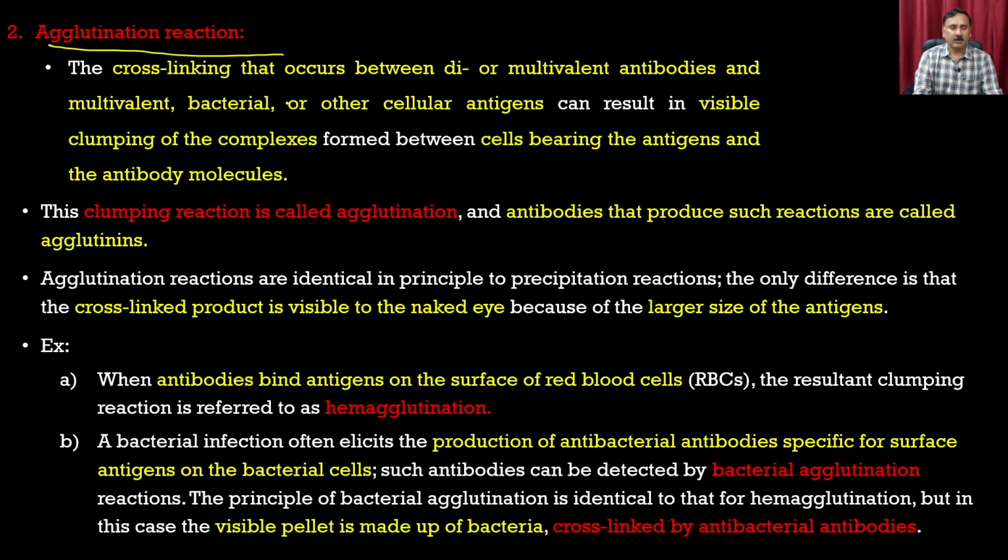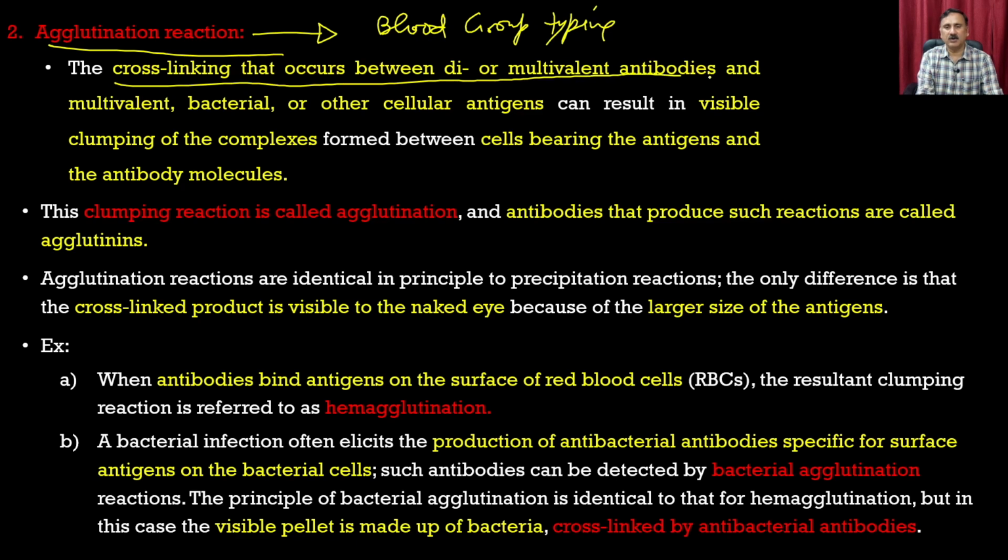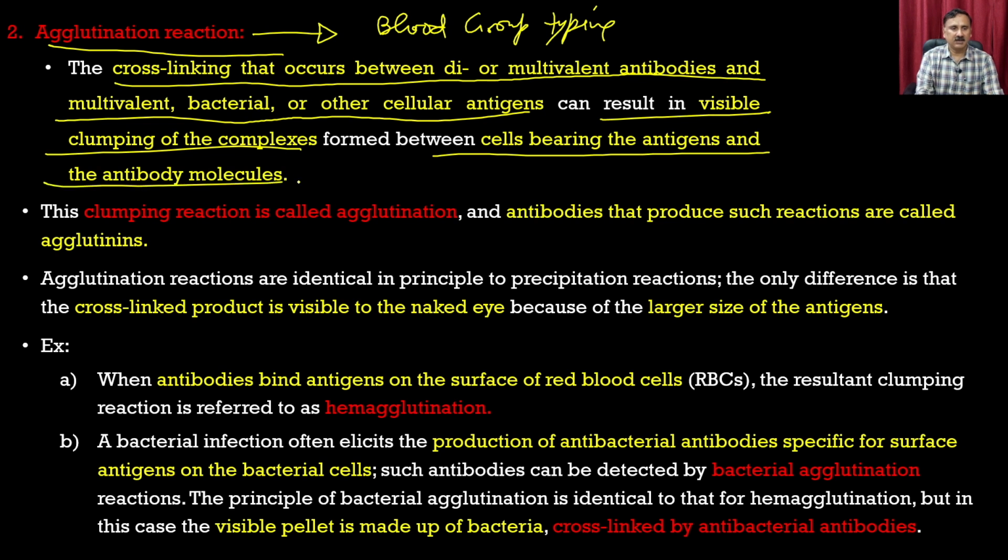Agglutination reactions have always been used for blood group typing, right? So you can use the agglutination reaction for blood group typing. The cross-linking that occurs between the bivalent or multivalent antibodies and the multivalent bacterial or other cellular antigen results in a visible clumping of the complex formed between the cell bearing the antigen and the antibody molecule.